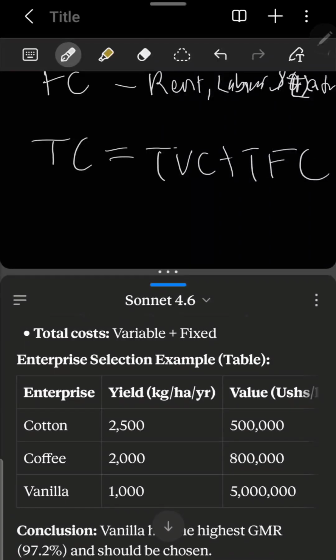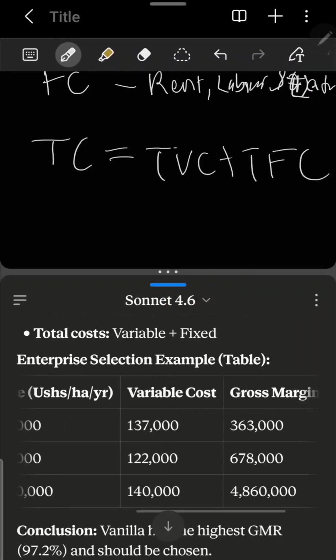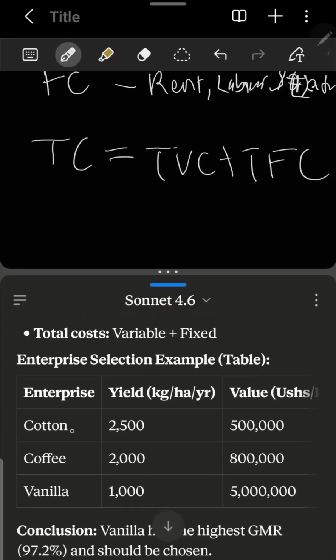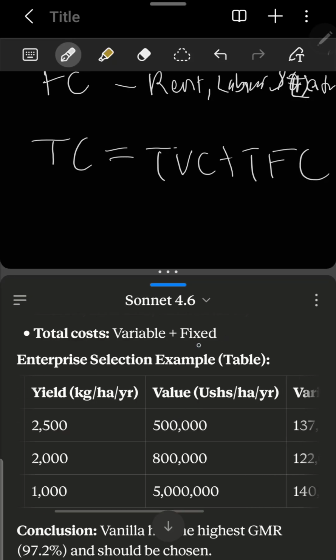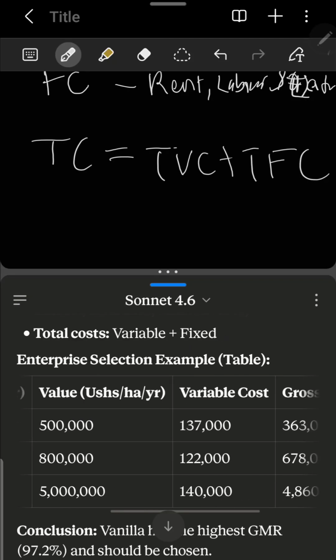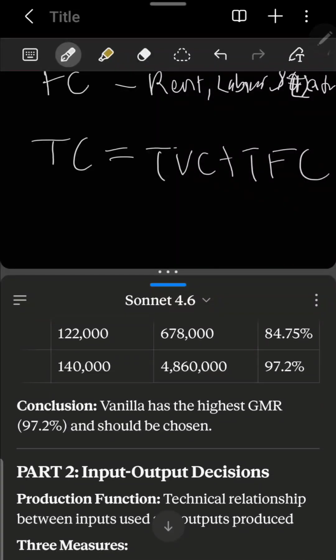And here we have an example, an enterprise dealing in cotton, their yield is this, and the value of their yield is this. And with that, we can get the variable cost, gross margin, and so on.